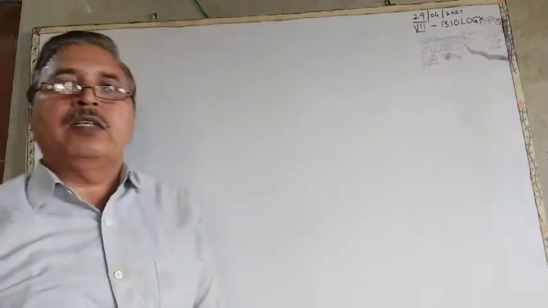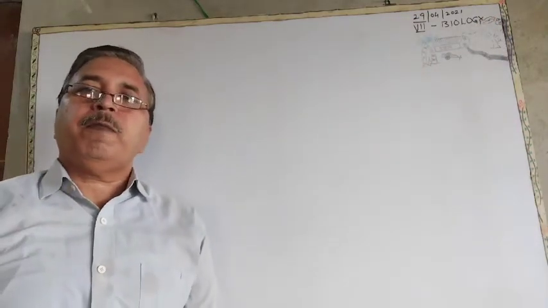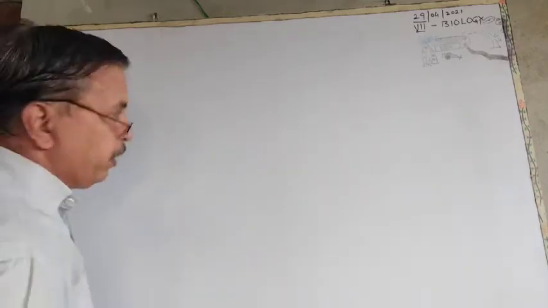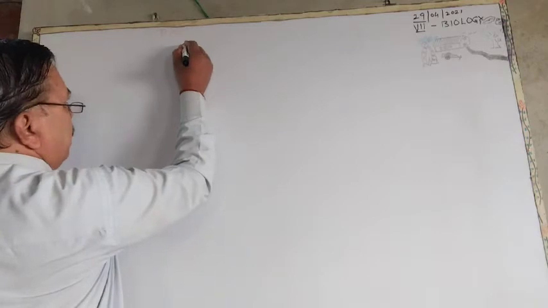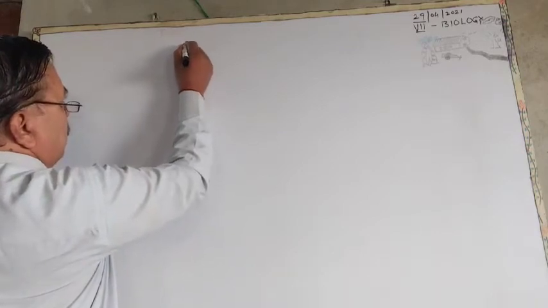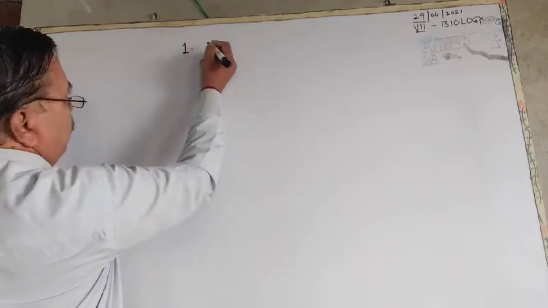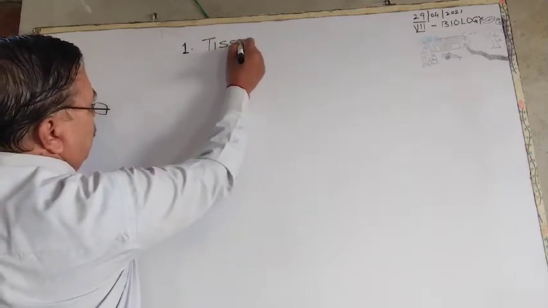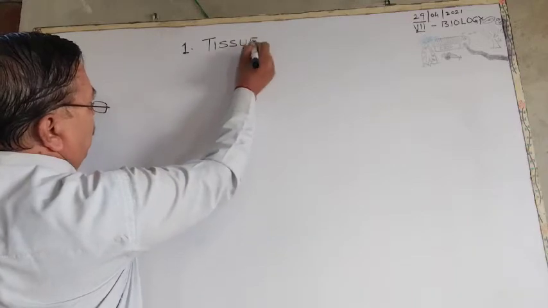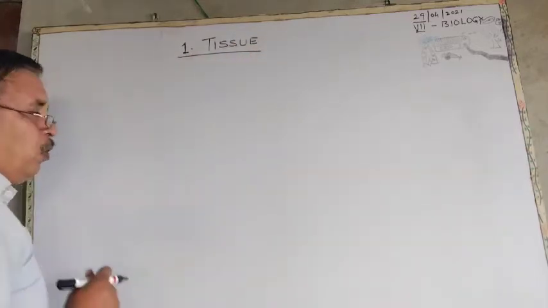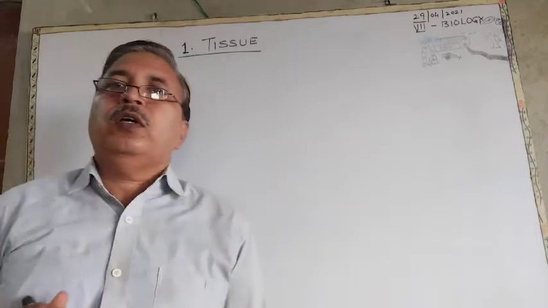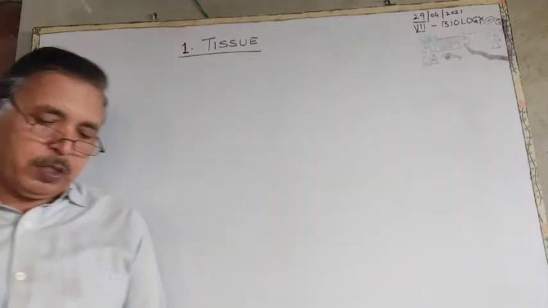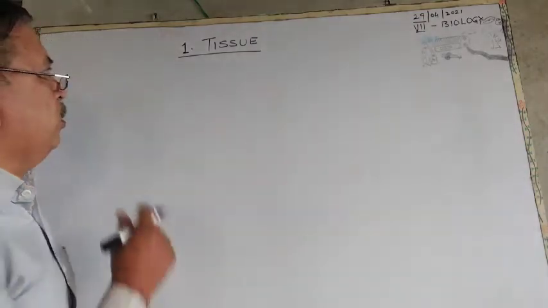Class 7th biology, right? Dear students, the topic that is given in your lesson is lesson number 1, and the topic is tissue. We had the chance to interact live in the previous instances, but I will tell you about this tissue again.